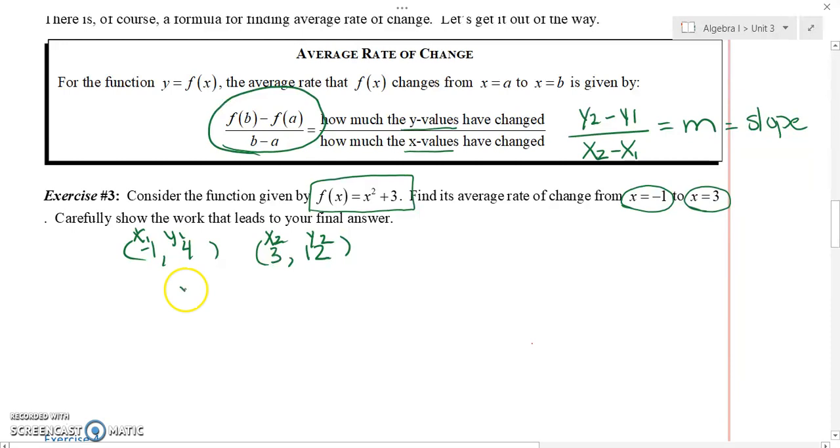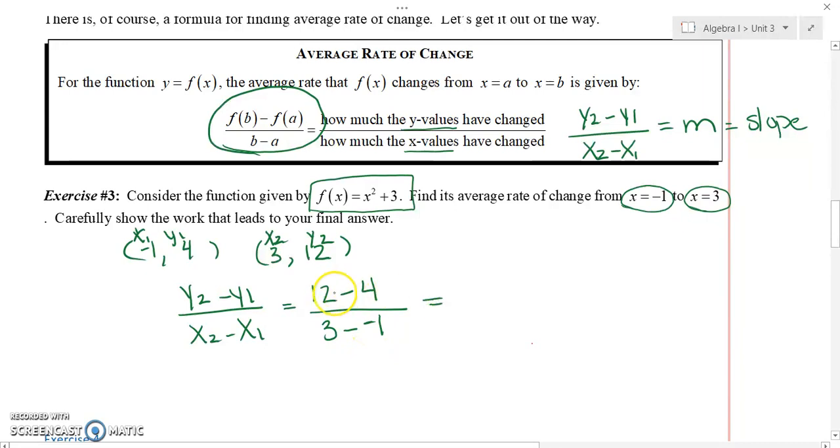Now we use the formula, y2 minus y1 over x2 minus x1. And we plug in, well, what is our y2? It's right here, 12. What is our y1? It's right here, 4. What is our x2? 3. What is our x1? -1. Now I'm going to write it like this because there's a minus sign and a -1.